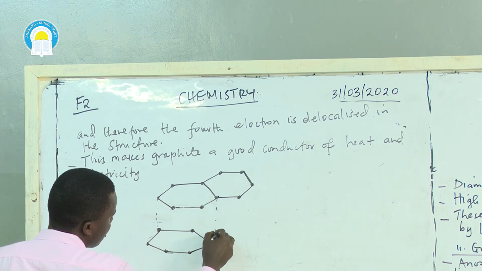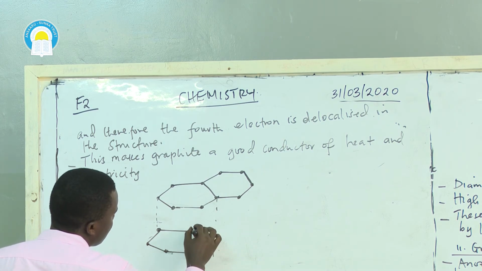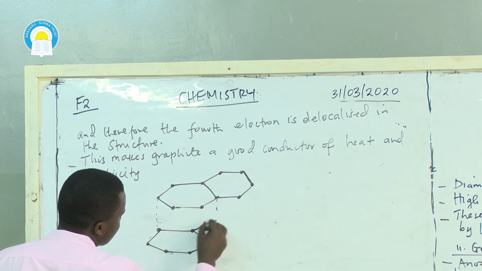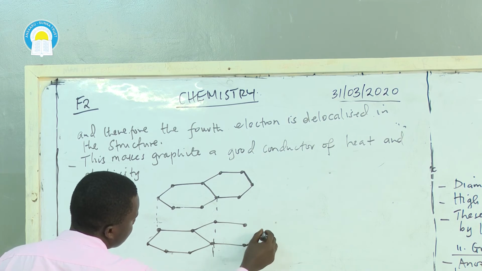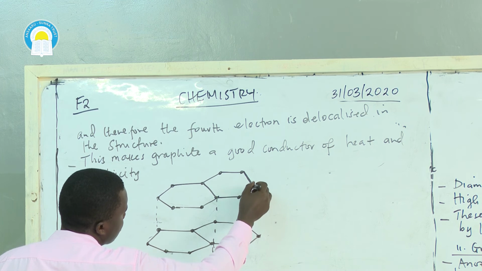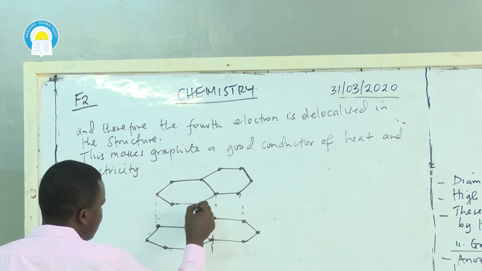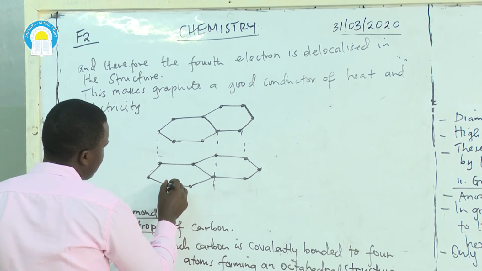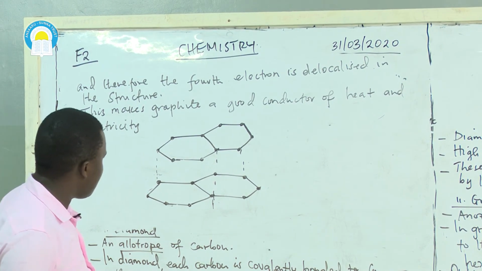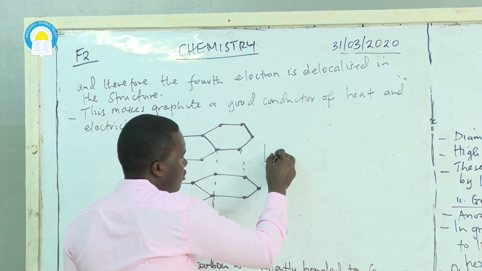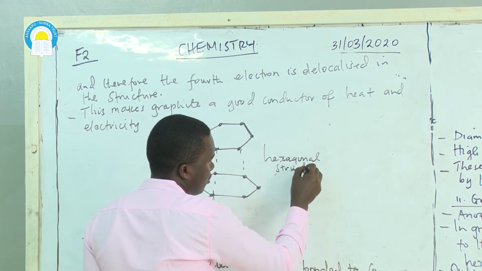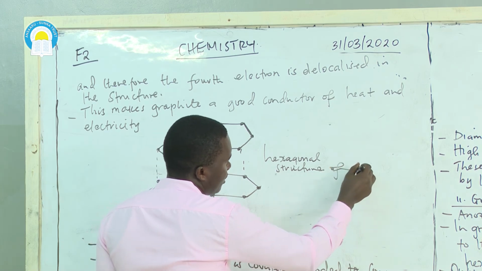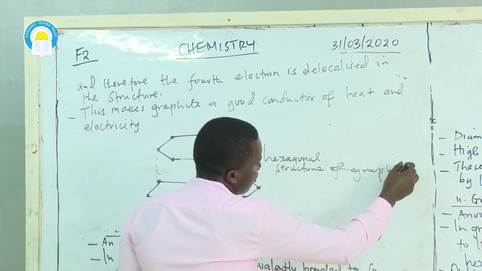You can have this kind of another layer there. Like that. So this one is the hexagonal layer of graphite, hexagonal structure of graphite.